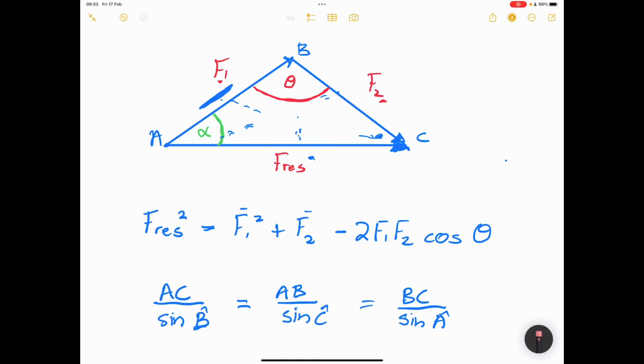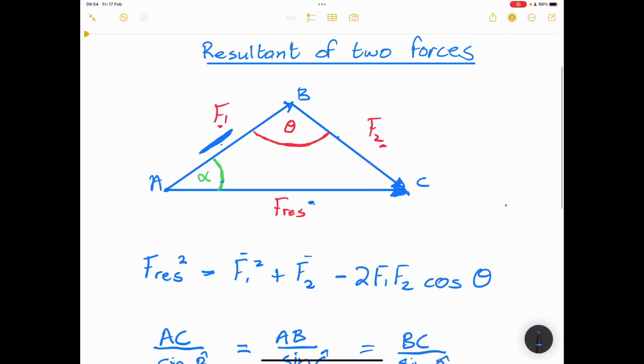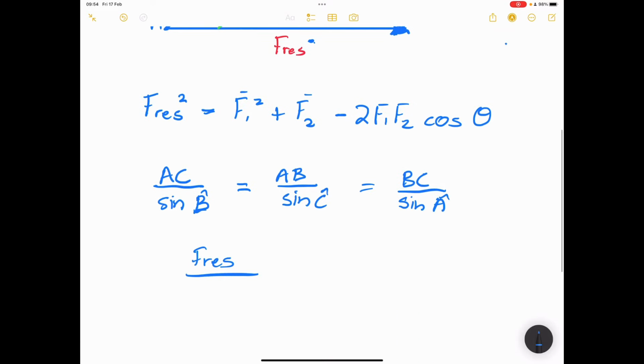Of course, we're still going to explore this practically, but I do want you to remember these rules in this case. If I were to write it in the sense of the resultant force, it would be the resultant force, and the angle opposite that resultant force is angle theta.